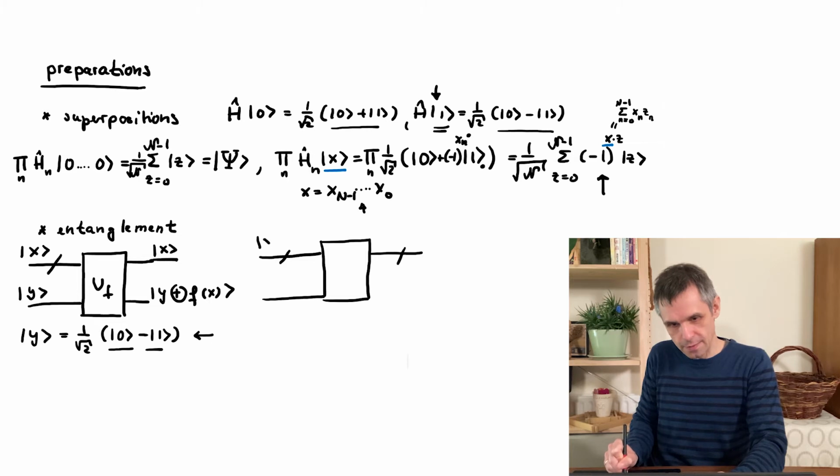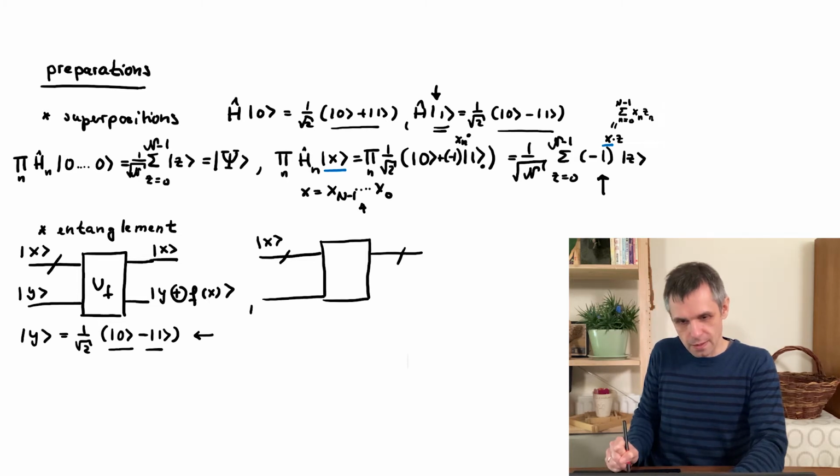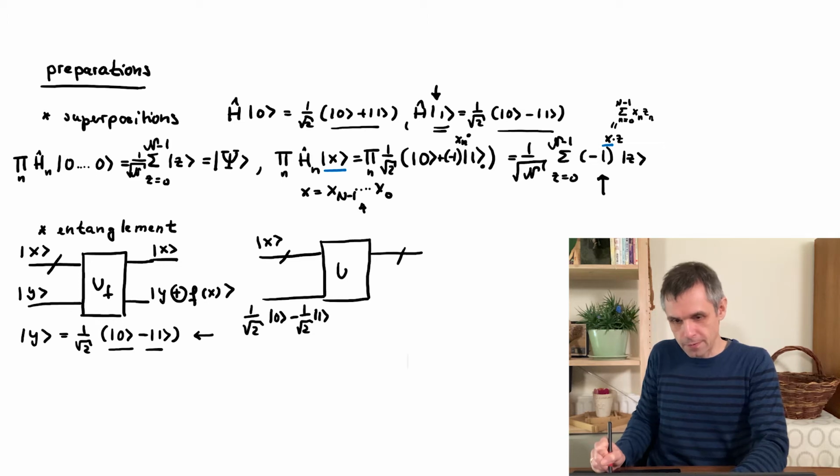So here we still have x, and down here we now have this specific state. And when we feed this now through the function gate, then we have to add f of x to these bits. So here we obtain 1 over root 2 times f of x.